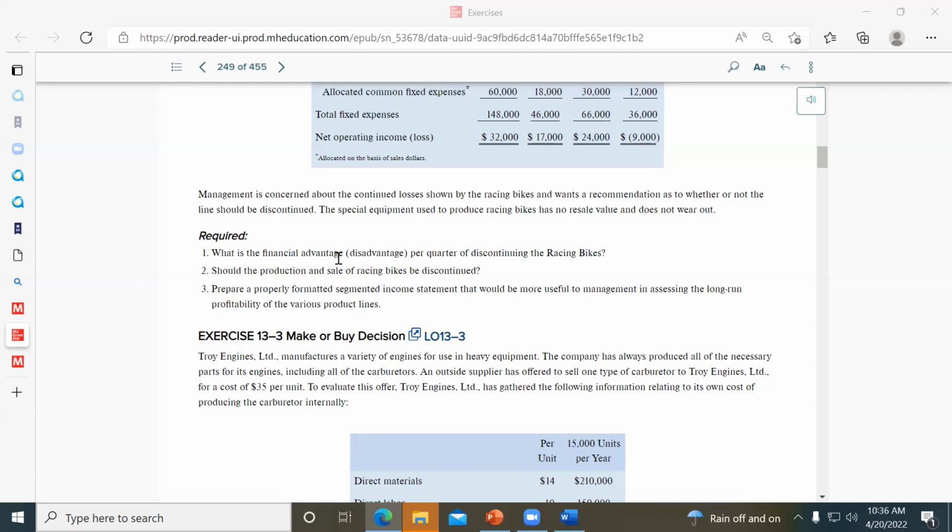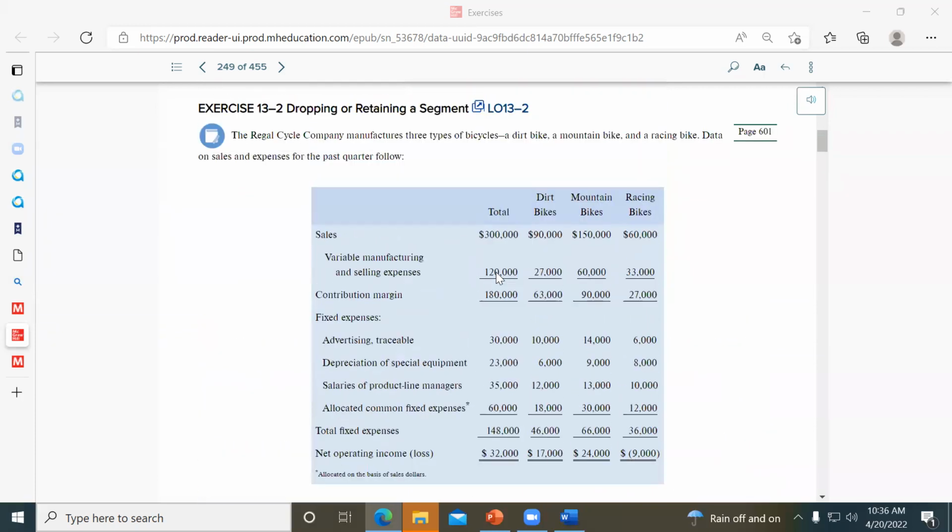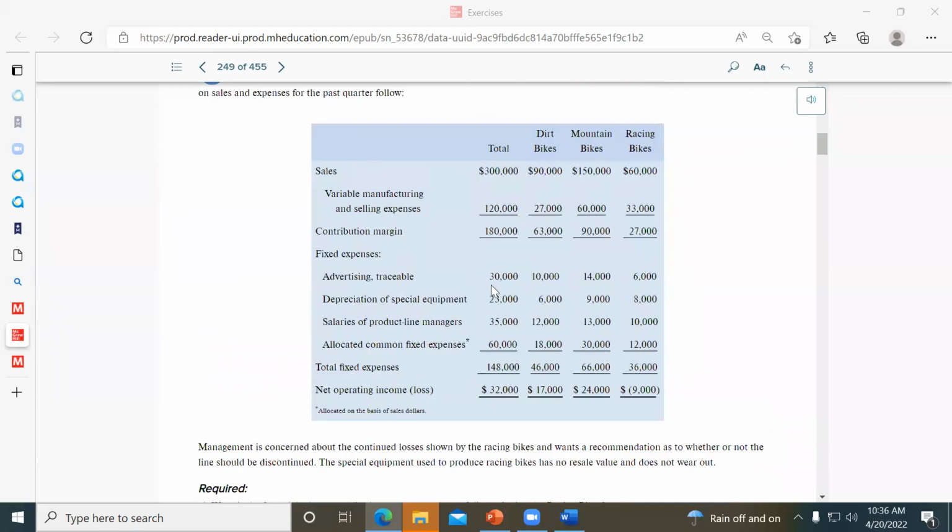What's the financial advantage per quarter of discontinuing the racing bike? Should the production and sale of racing bikes be discontinued? Then we'll prepare a formatted, segmented statement that would be more useful to managers. Take a minute and attempt this. What's relevant, what's not relevant?